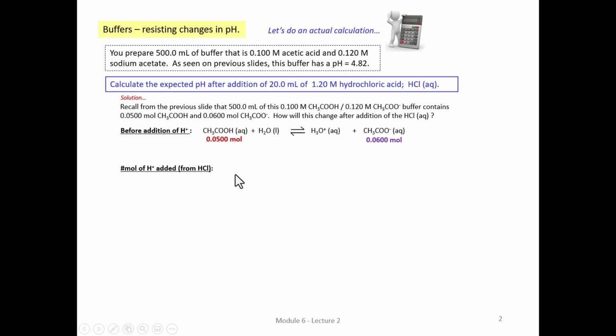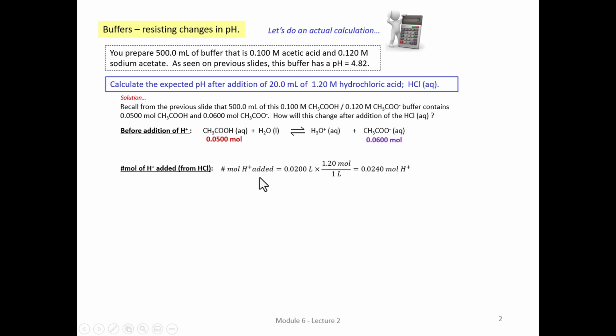How many moles of hydrogen ion are we adding? Now this is critical. If you look in our equilibrium here, we have numbers of moles under the acid form and the base form. So we're counting how many are there before we add the H plus from the outside. Now we're going to add H plus, but we want to count how many we're adding.